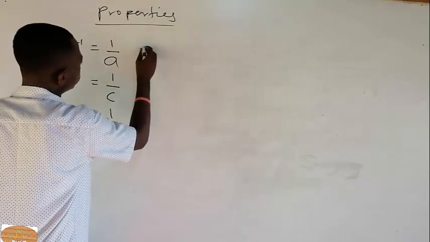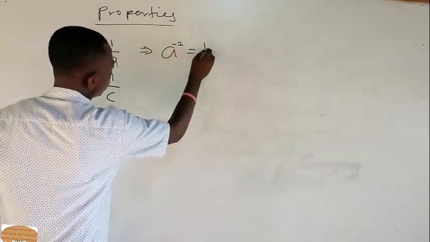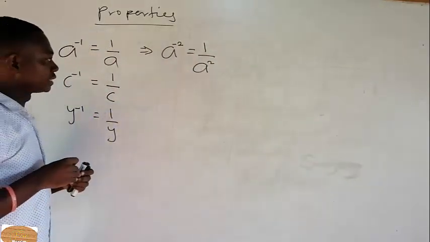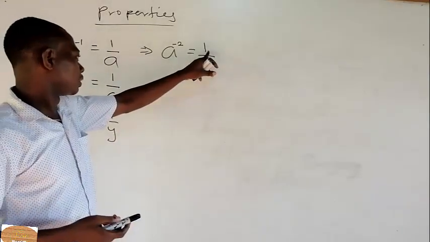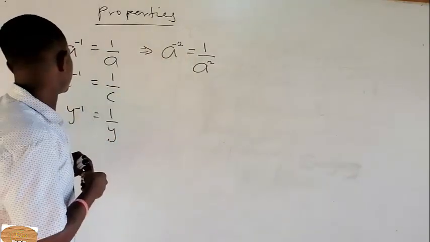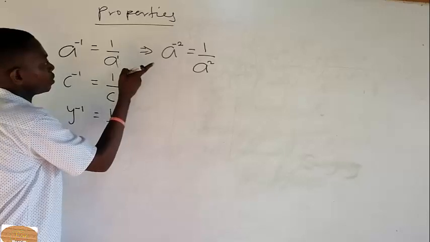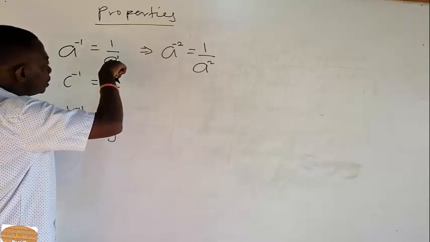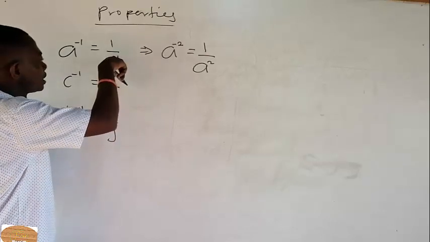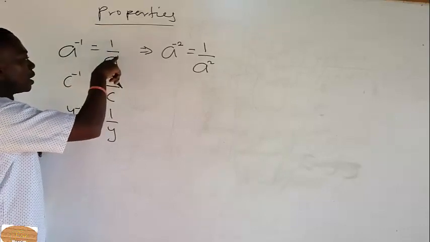If we are given a to the power minus 2, this is the same as 1 over a to the power 2. Now the trick here is that the moment you write this 1 over, the minus will vanish. And we know from our second property that any non-zero number to the power 1 is that number, so we assume that here is 1. So a to the power minus 1 is the same as 1 over a.